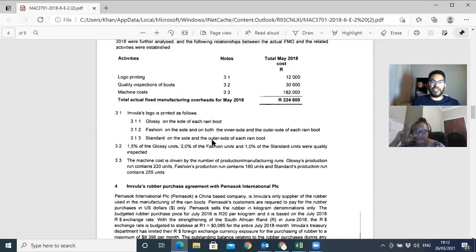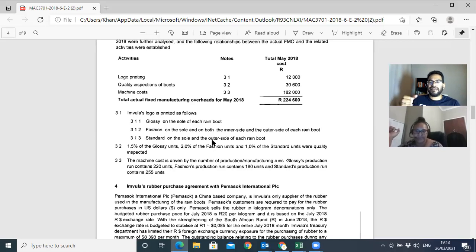By reading that information, you must be able to tell yourself that the cost of logo printing is driven by the number of logo prints. They're not telling you, but reading the information, you must be able to say, based on the logo, it is going to be on the number of logo prints.